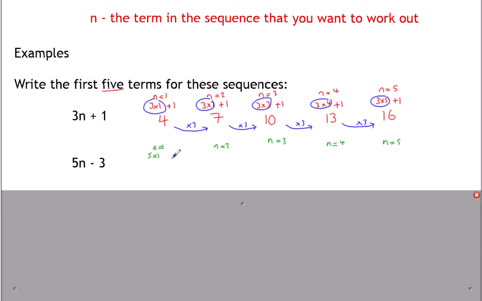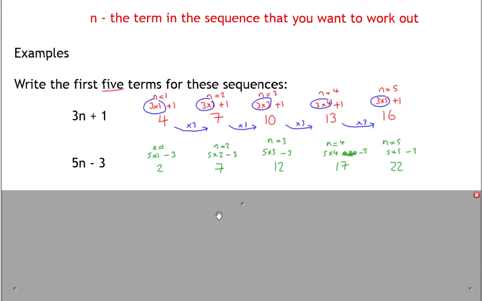So 5 times 1, which is 5, take away 3 is 2. 5 times 2 is 10, take away 3 makes 7. 5 times 3 is 15, take away 3 is 12. 5 times 4 is 20, take away 3 makes 17. 5 times 5 is 25, take away 3 is 22.